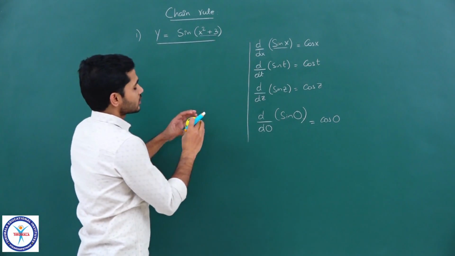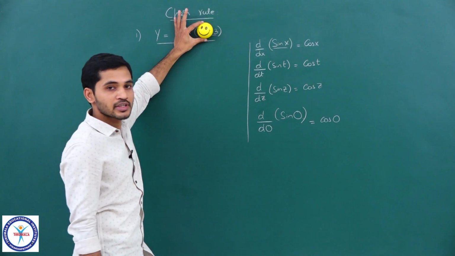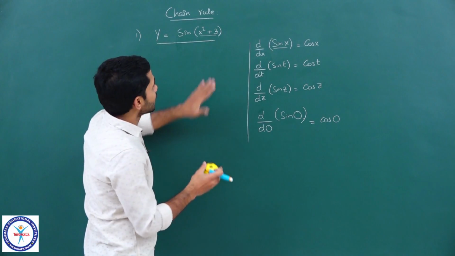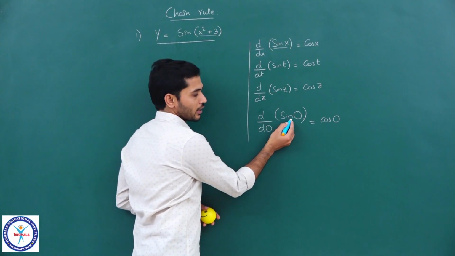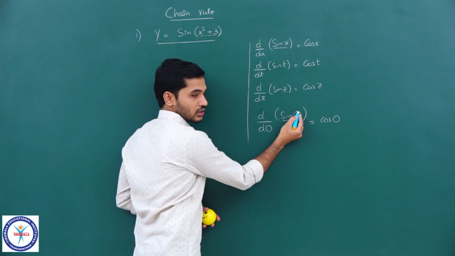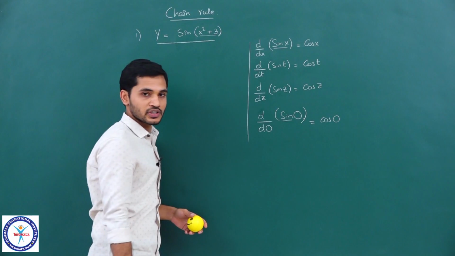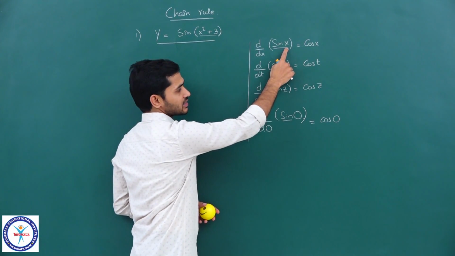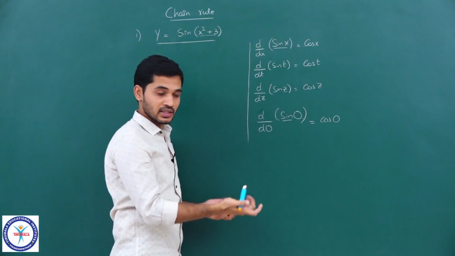Whatever is inside the bracket, I will consider as Smiley, right. I am not looking at this x square plus 3 now, I do not know what it is, just like I have told you now. I know if I have sine of something, and I am differentiating that, I know the method of how to differentiate it. It does not matter whether there is x there, t there, z there, circle there or smiley there.